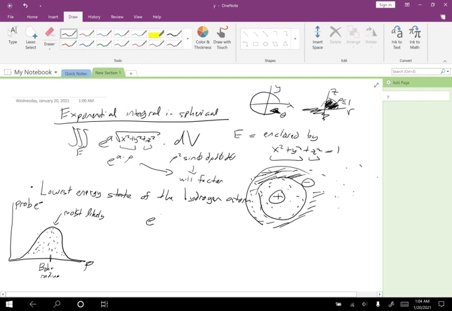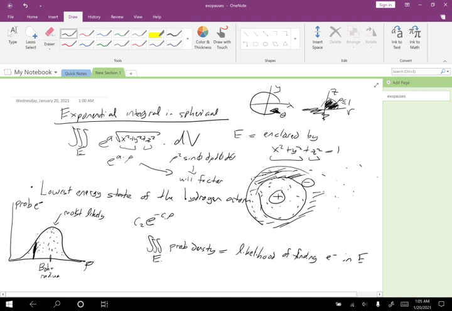Okay, and so the probability density of finding an electron is this exponential. It turns out it's e to the minus c rho, where c is some constant that you don't need to know. And there's another constant in front. The values of the constants are not important for this discussion. The point is that the integral of the probability density equals the likelihood of finding the electron in E. So in this case, E is the unit ball.